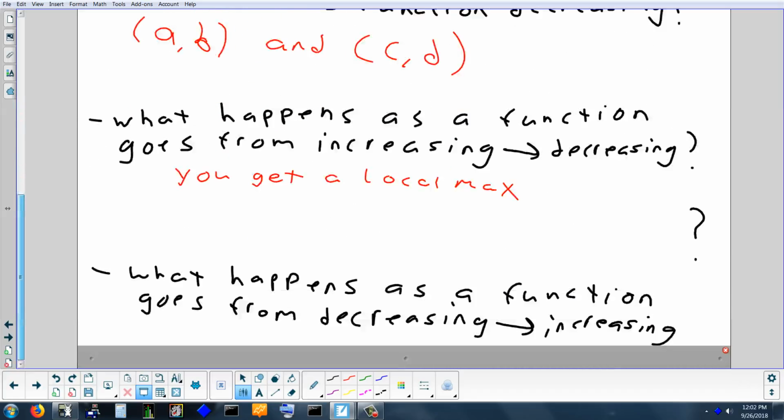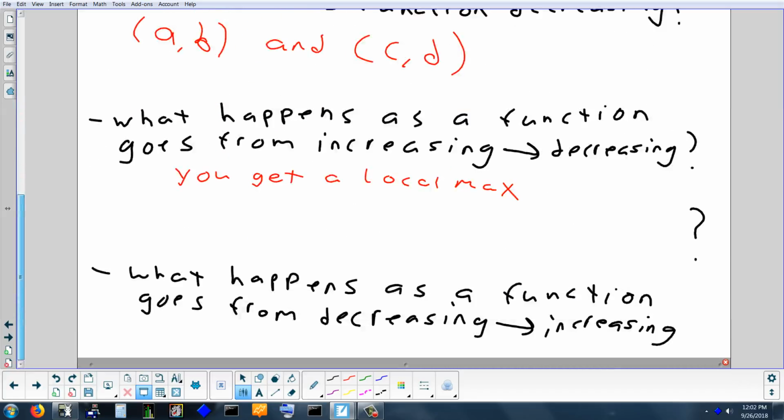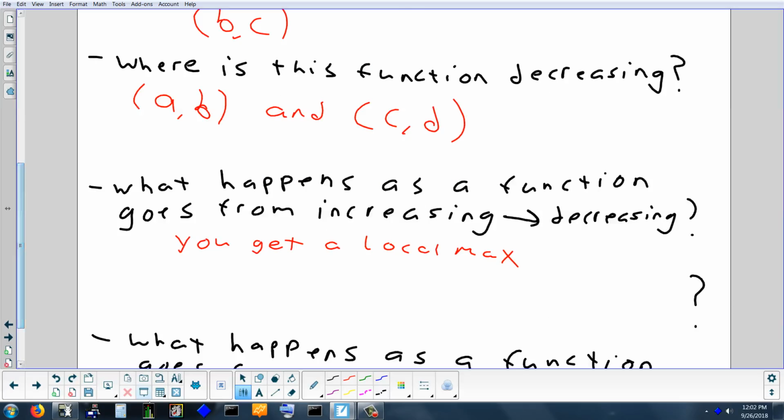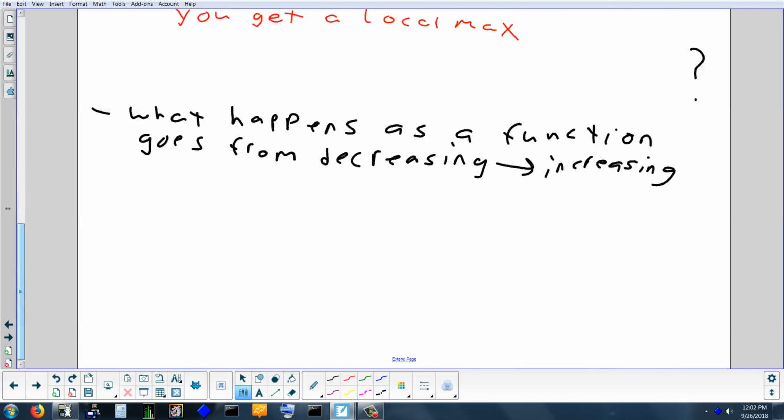How about if you go from decreasing to increasing? What happens there? Yep. Minimum. You get a minimum. So you get a local minimum.